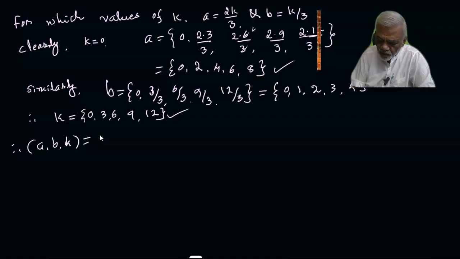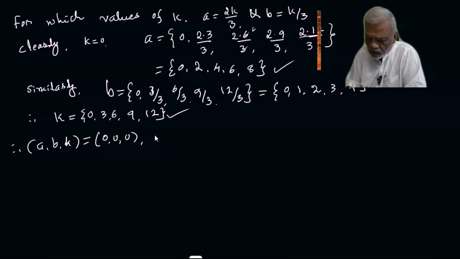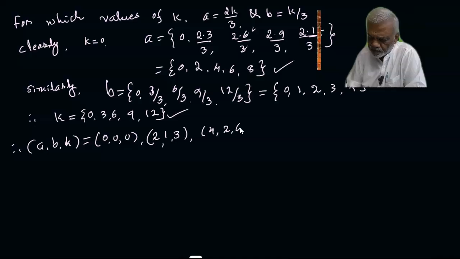equal to 0, 0, 0. Okay, next value 2, 1, and 3. Okay, and next value 4, 2, and K is equal to 6.